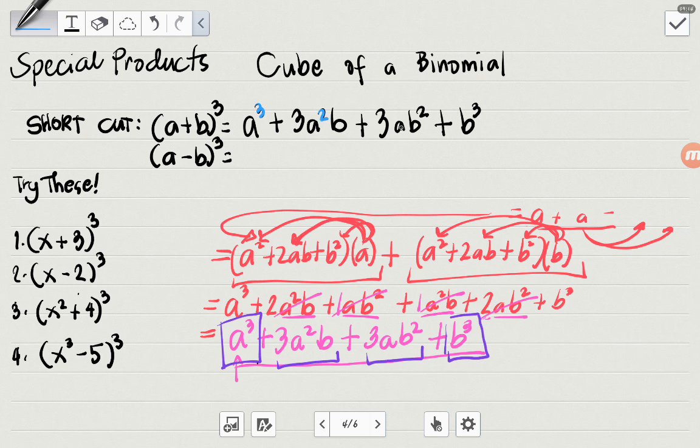Sa pangatlong term, ang exponent ni a ay 1. Ang exponent dito sa pang-4 ni a ay a raised to 0. Number raised to 0 is equal to 1. So, 3, 2, 1, 0.